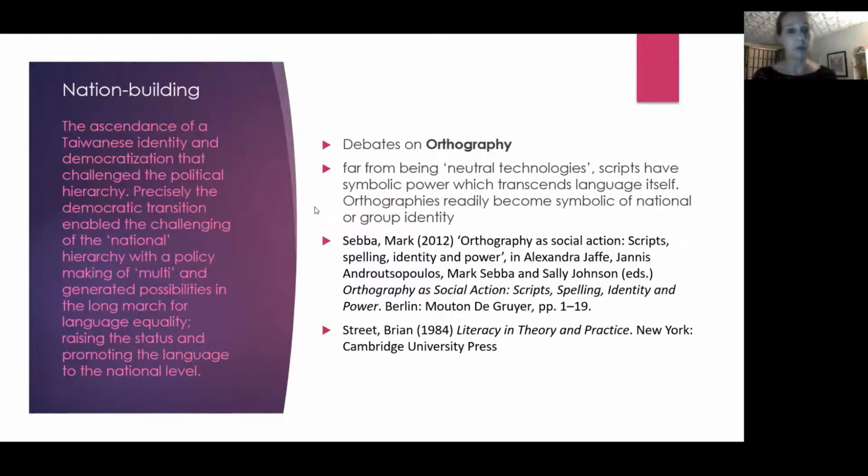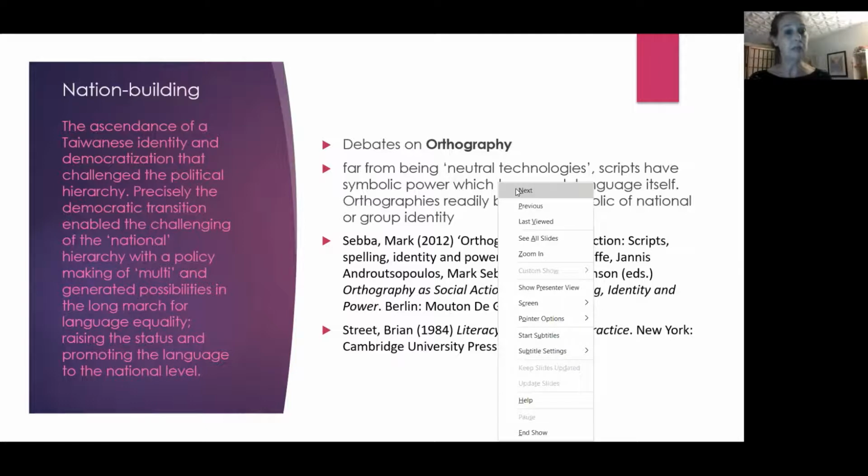As a result, we also had the lifting of martial law, and the democratic transition made it possible to challenge this national hierarchy with a policy making of multiculturalism. We are a multicultural society, a multilingual society, which then generated possibilities in the long march, and it's a very long march for language equality, where the purpose is raising the status and promoting the language to the national level.